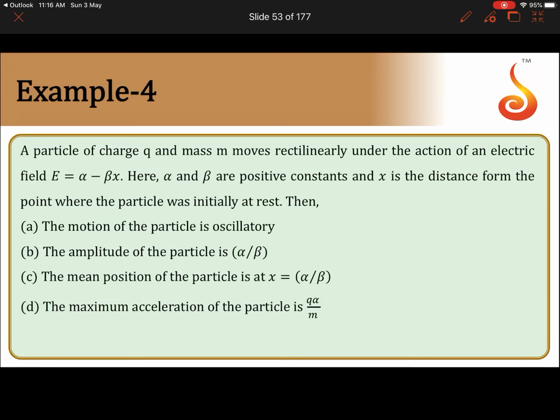X is the distance from the point where the particle was initially at rest. Then the motion of the particle is oscillatory. Amplitude of the particle is alpha by beta. The mean position of the particle is at x is equal to alpha by beta. Maximum acceleration of the particle is q alpha by m.